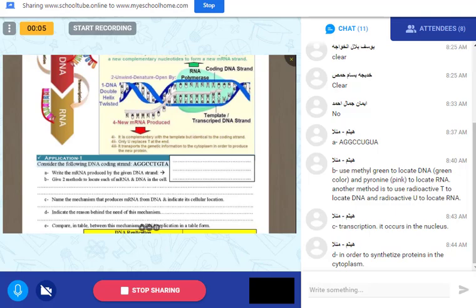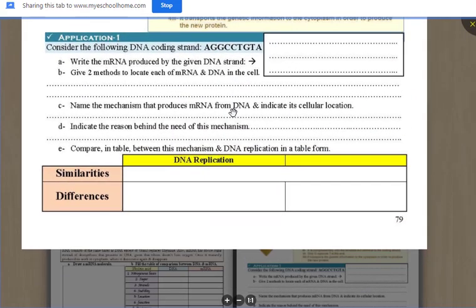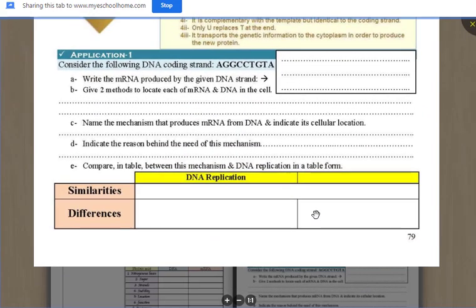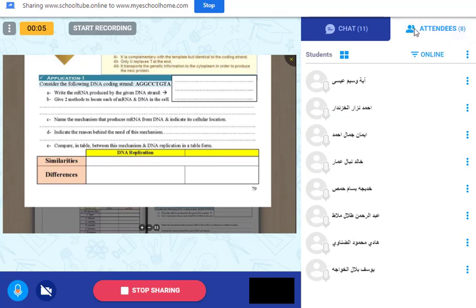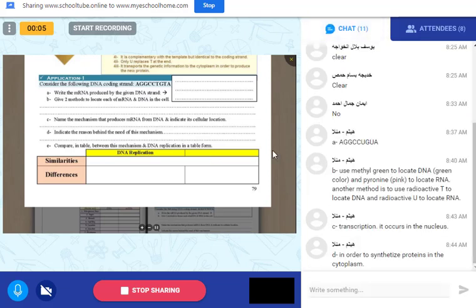Now they tell me to compare in a table between this mechanism and DNA replication. When they tell me compare, I look for the similarities first, and then I look for the differences.